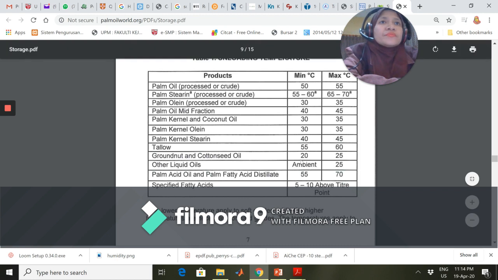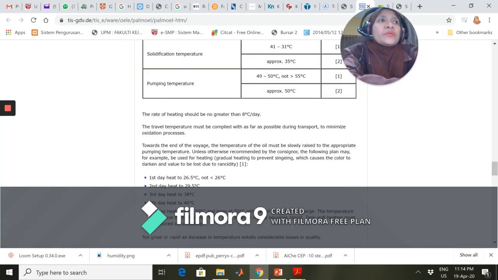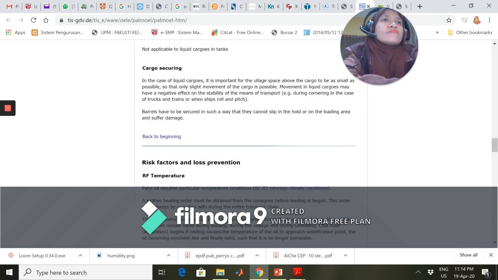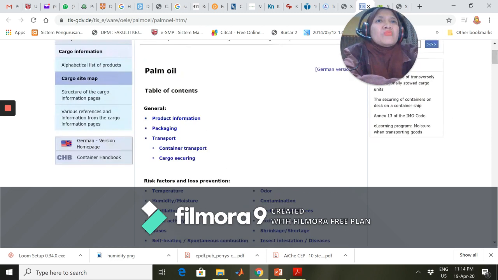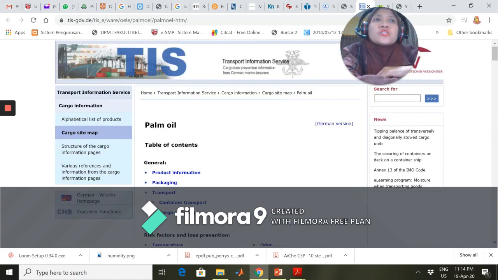I would like you to refer to this. Look here. And then there is another interesting website. This is a website I found. I think this is a German company website. But interesting, for most of the raw materials that are transported internationally, they have a database inside this website.